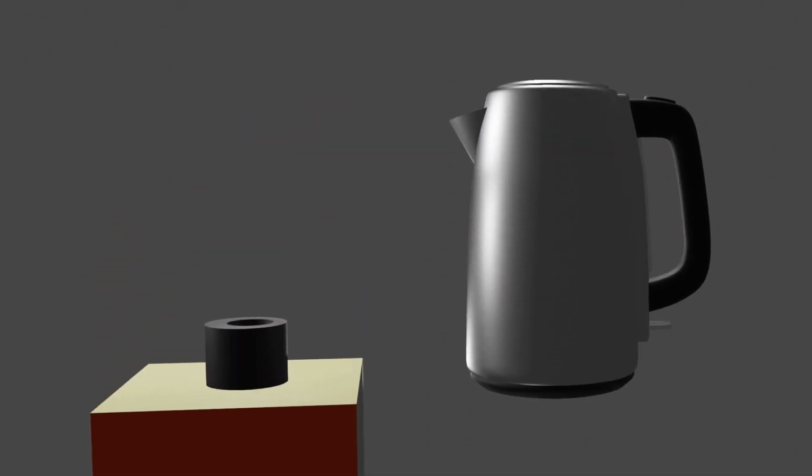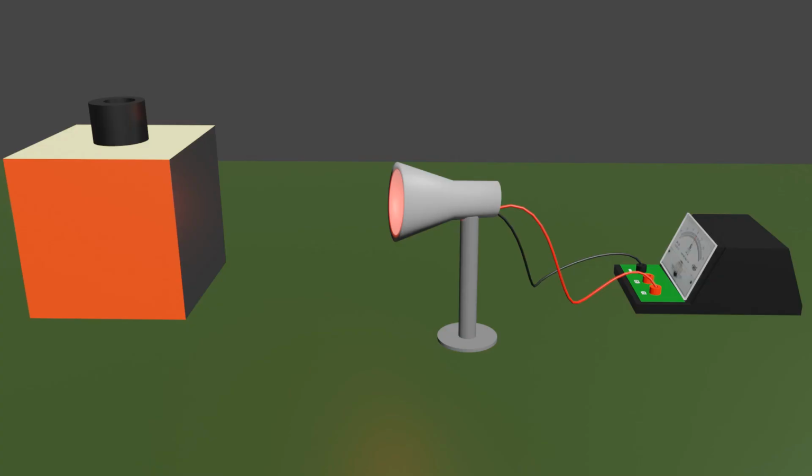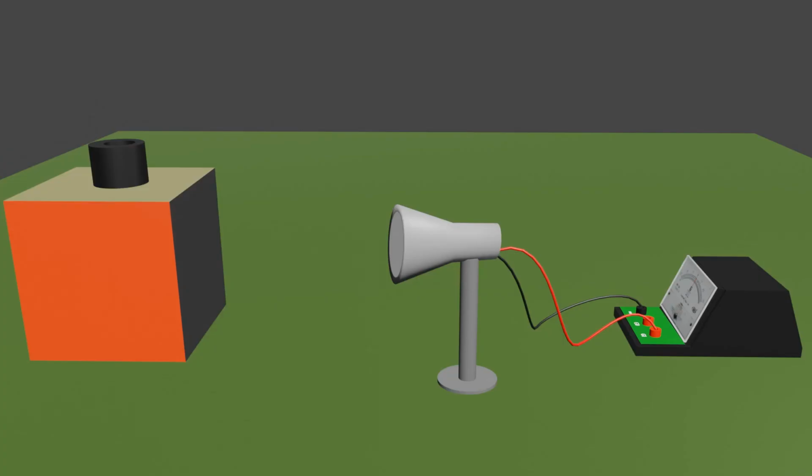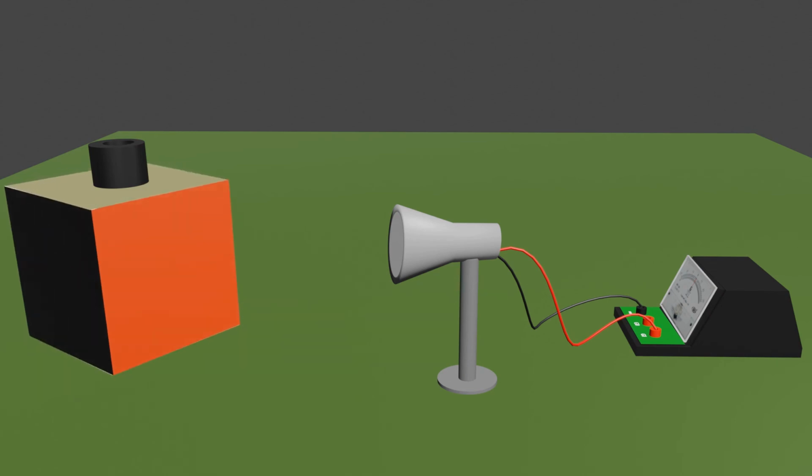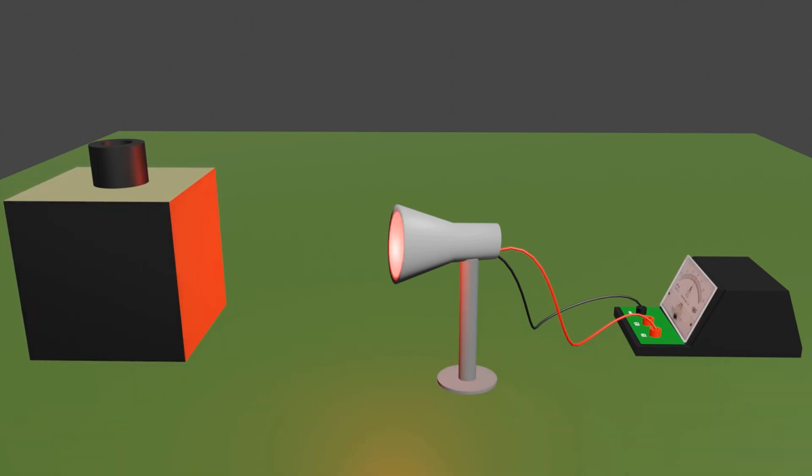Hot water is filled in the Leslie's cube. Leave for 1 minute. This is to enable the surfaces to heat up to the temperature of the water. Use the infrared detector to measure the intensity of infrared radiation emitted from each surface, or the temperature of the surface. Make sure that the detector is the same distance from each surface for each reading.